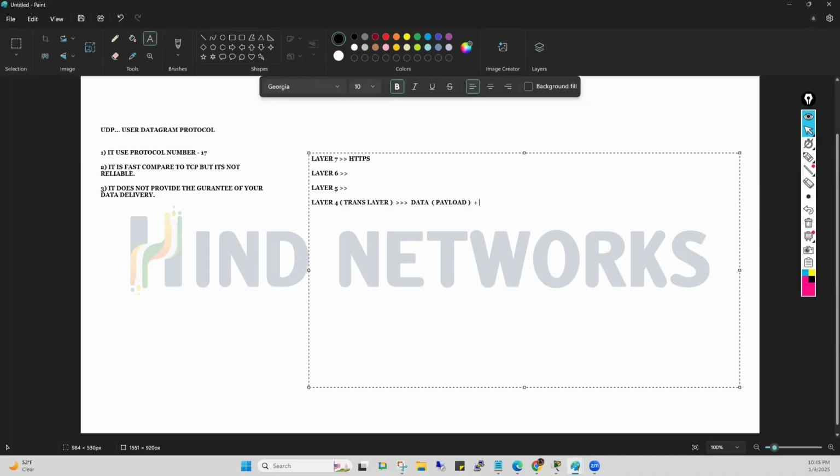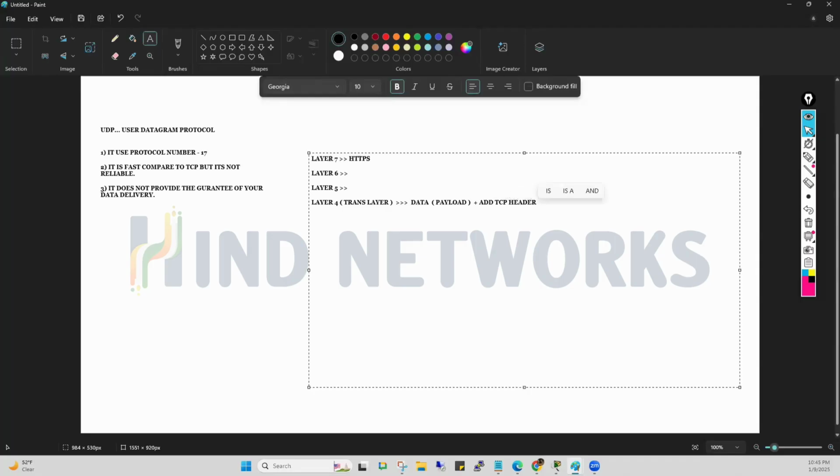Now tell me, for HTTPS, will layer number 4 use TCP or UDP? Who can tell me? Layer number 4 will use the UDP. Sorry, TCP. Layer number 4 will use TCP. So what will the transport layer do? Transport layer adds the TCP header here.